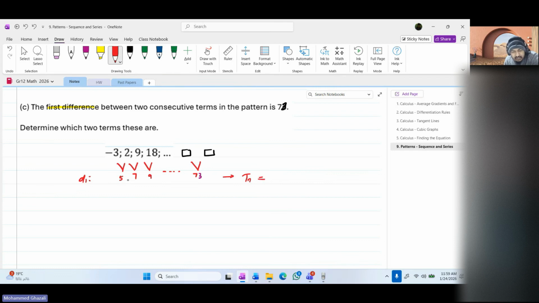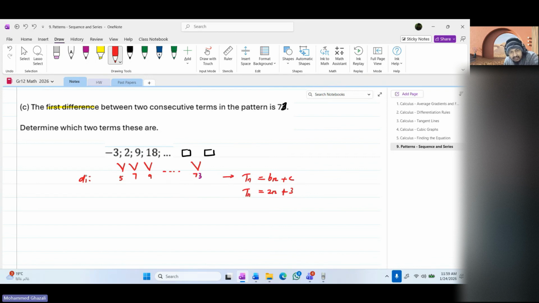Tn is equal to Bn plus C, all right? What is B? The common difference between these two. What's the common difference between 7 and 5? It is 2. And what is the value of C? The term before the first term. So before 5 would have been 3. So plus 3.